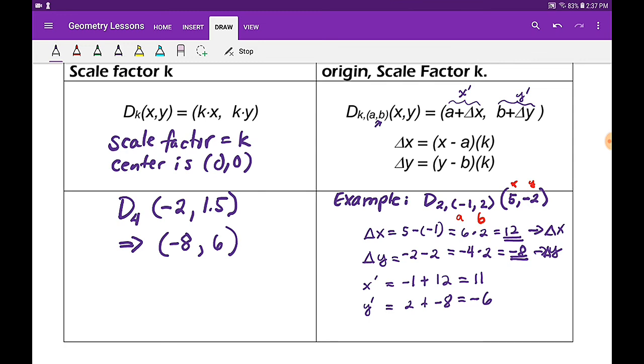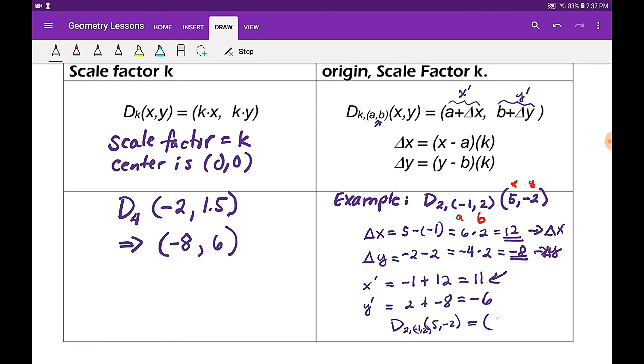All right, so now we can write our answer. The dilation of 5 comma negative 2 with a scale factor of 2, center at negative 1 comma 2, is equal to what?